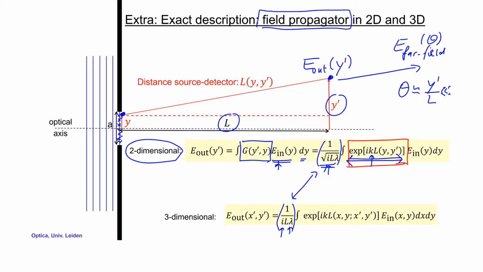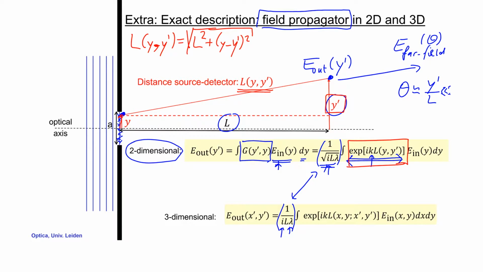Right? So it's all about this path length, and from Pythagoras you can easily write this path length, which depends on the transverse position of the emitter and the transverse position of the detector. You can write it as the square root of L squared plus y minus y prime squared, the difference in transverse displacement.